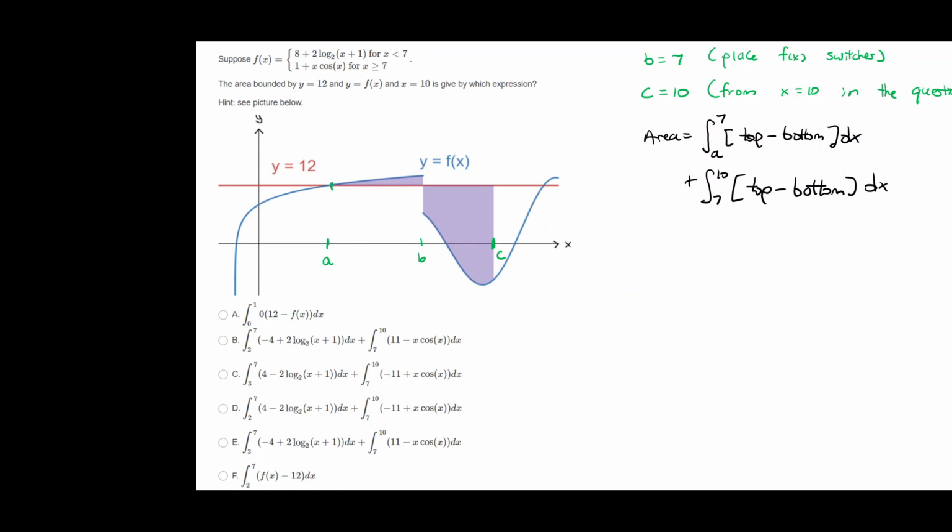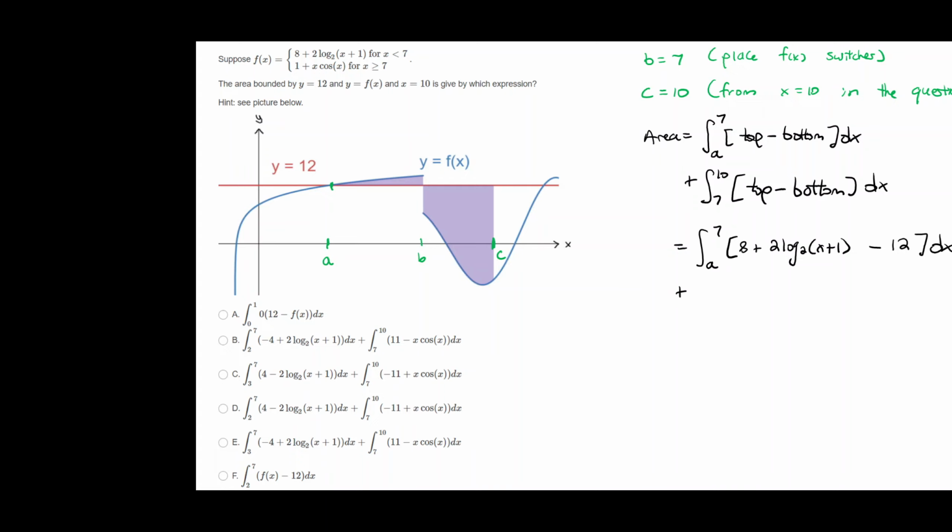Okay, so we're going from A to 7, and inside that area, which function is on top? Well, it's the blue curve, and the blue curve corresponds to f of x. The part of f of x that's for x less than 7 is 8 plus 2 log base 2 of x plus 1, and then the bottom curve is y equals 12.